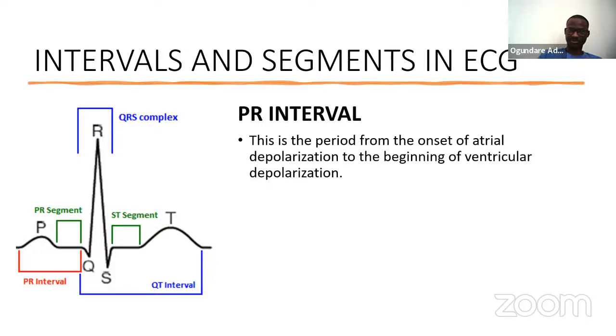I want you to pay a bit of attention and look at my screen. This is the PR interval here. If you look at this red column, that's the PR interval, and it starts from the onset of the P wave to the start of the Q wave. That is just what we are putting into words here.